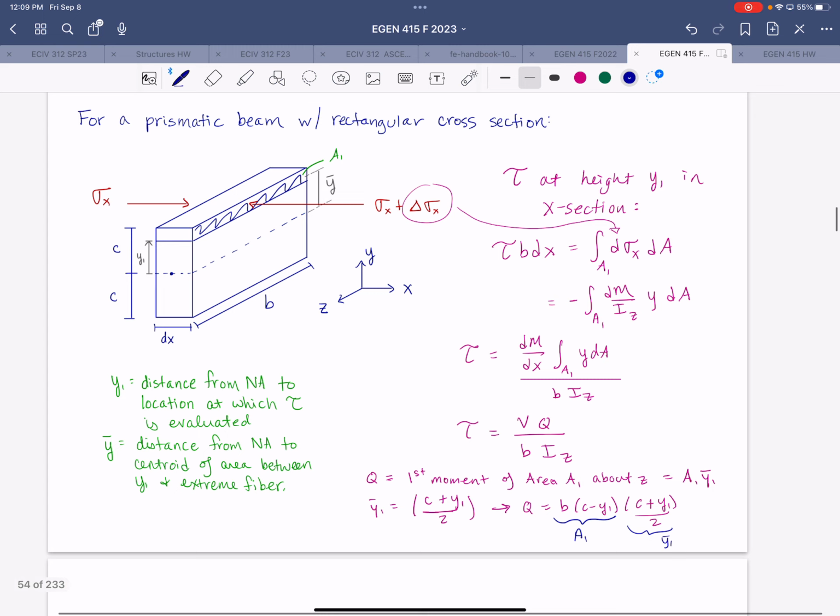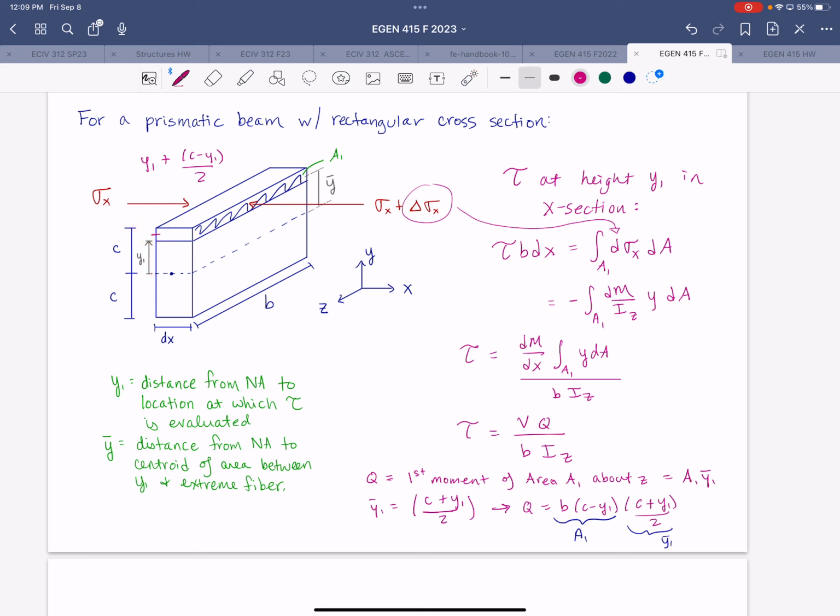So going back to that y1 bar, the distance to this point would be y1 plus (c minus y1) over 2, right? Coming from here, y1 plus half of this distance here.